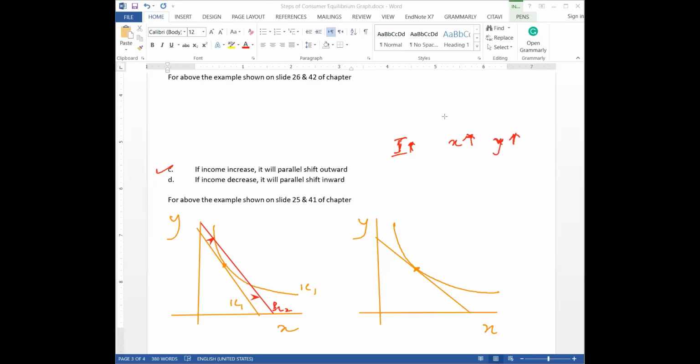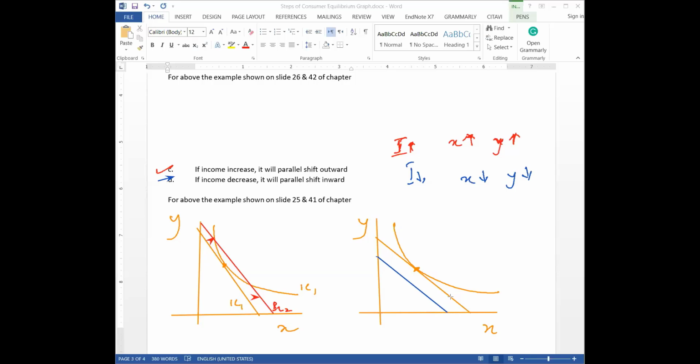Similarly, in the last point, let me take a different color. So last point, there is a decrease in income. Okay, so what will happen if there is a decrease in income? He will buy less of X and less of Y because total income has been reduced. So there will be a new budget line which is lower than the old one.